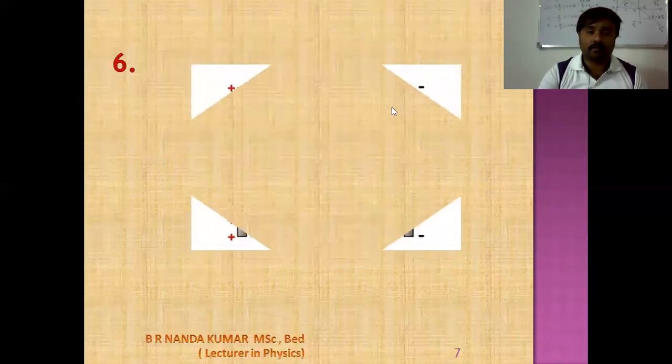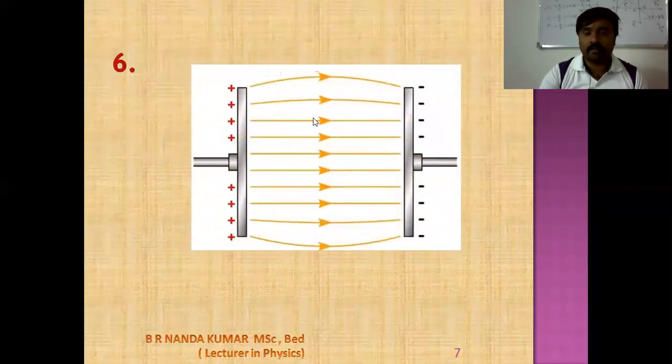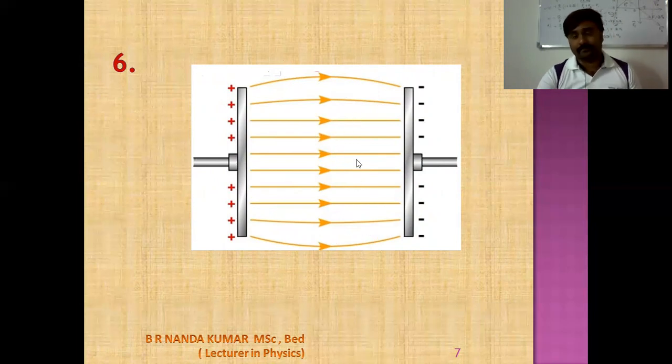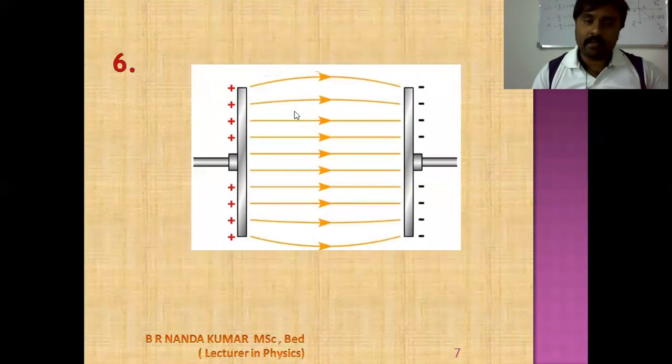The next property: electric field lines between two identical charged sheets. Actually, here this is a uniform electric field. So electric field lines are straight, parallel, and equidistant in a uniform electric field.